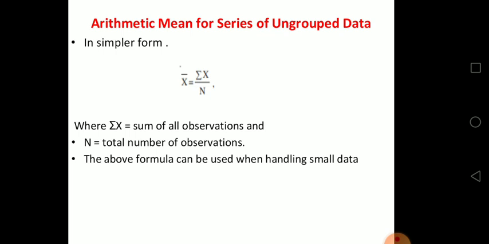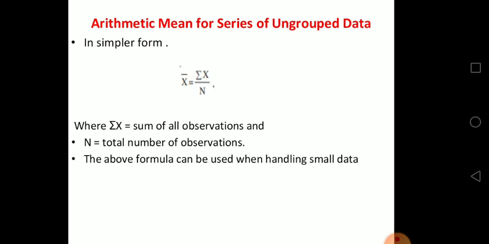Now, the arithmetic mean for series of ungrouped data can also be represented in a simpler form using the symbol summation. The symbol that looks like this means summation. So summation of x implies the addition of all the observations.